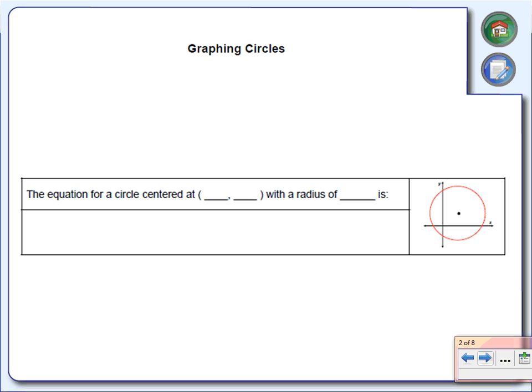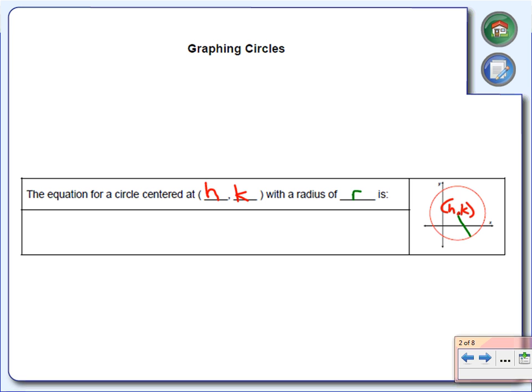Now, before we can do either one of those, there's a couple of things that we got to get straight first. First thing up at the top of your paper, it says the equation for a circle that has a center at (h, k). In other words, if the center of the circle over here was (h, k), and it had a radius of r.